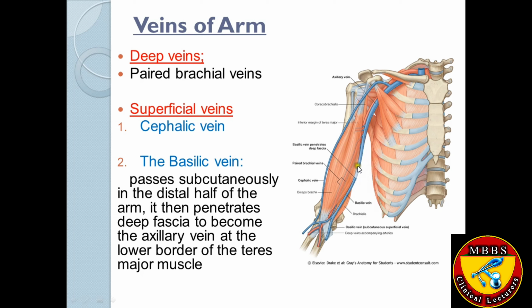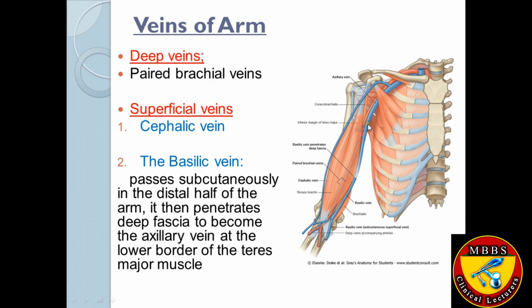It penetrates the deep fascia and continues upward and forms the axillary vein at the lower border of the teres major muscle. So, if I ask you how the axillary vein is formed, your answer will be it is the continuation of the basilic vein.